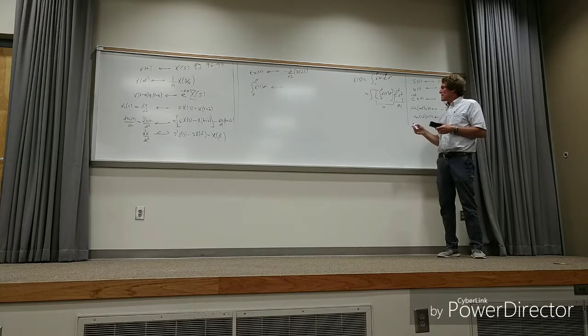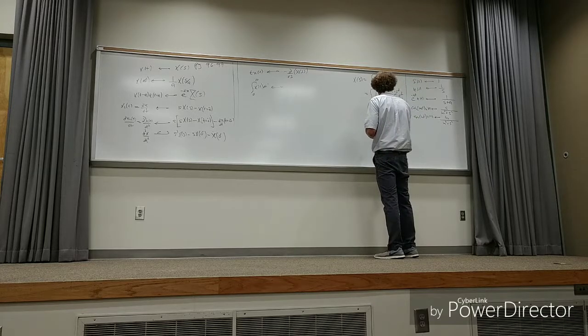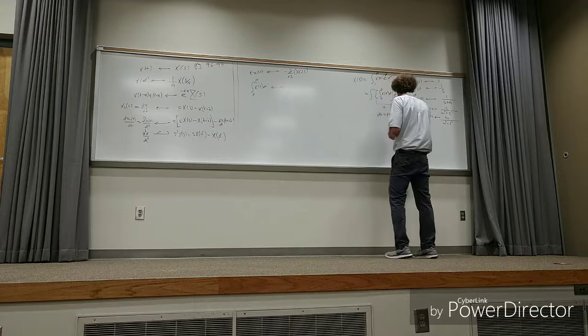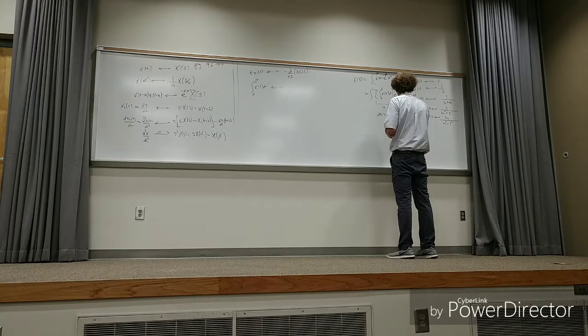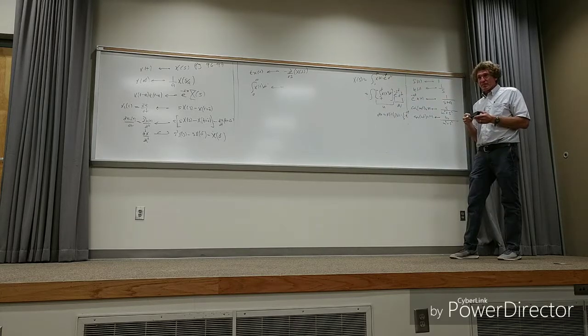Now when you go ahead and do it, du would just be equal to x of t, and v is equal to minus 1 over s times e to the minus st. That's integrating e to the minus st dt. With me?